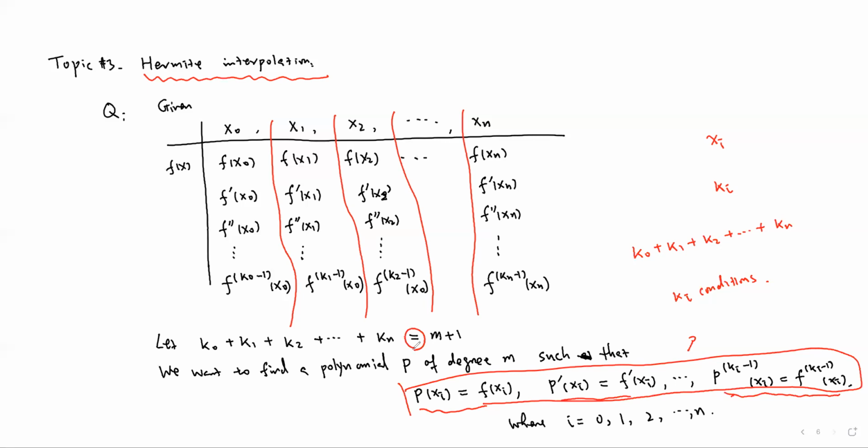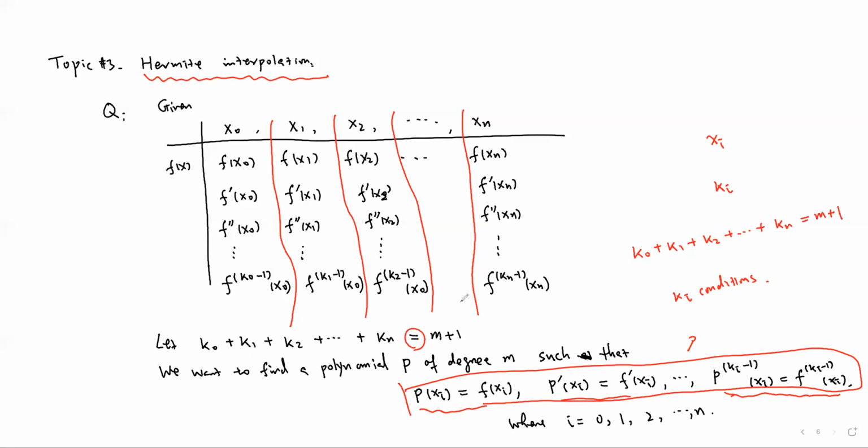By this notation here, this is m plus 1. So in total, we have m plus 1 conditions. It makes sense to look for a polynomial of degree m, because a polynomial of degree m has m plus 1 coefficients. So m plus 1 conditions perfectly determine m plus 1 coefficients. That's why we try to find a polynomial of degree m to fit all these conditions.